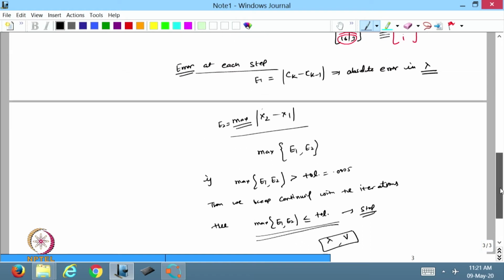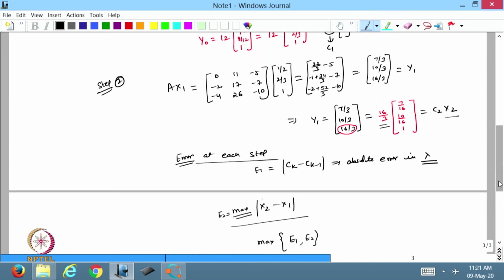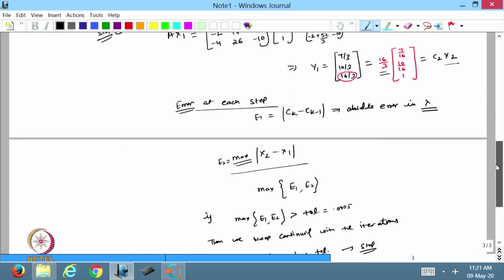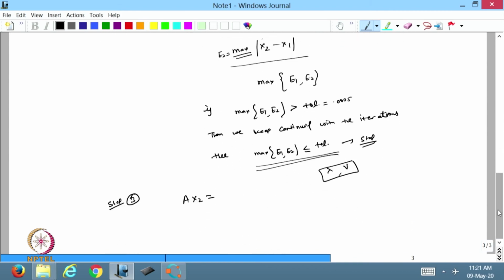So, in this case we have been able to find these two steps. Then I can take the next step 3. So, that will be A x2. So, from here A x2 is this one, then I will substitute, and whatever value I get, y2, that will be equal to C3 x3 and so on.